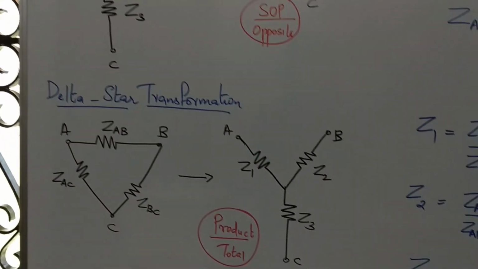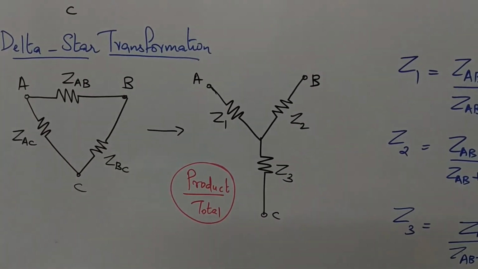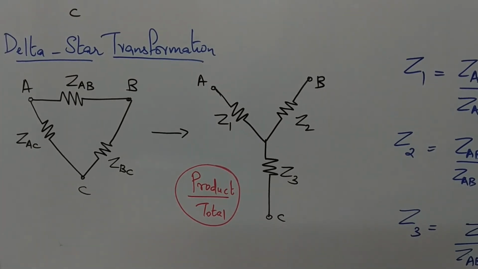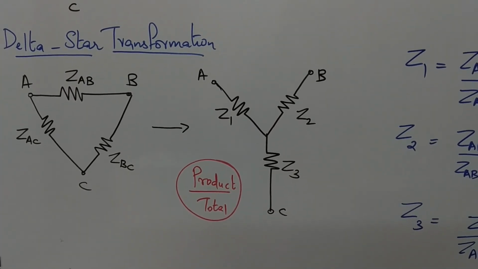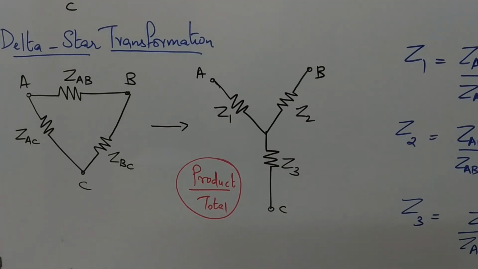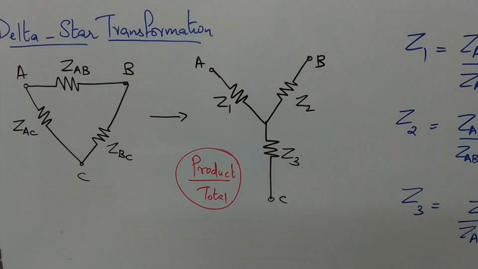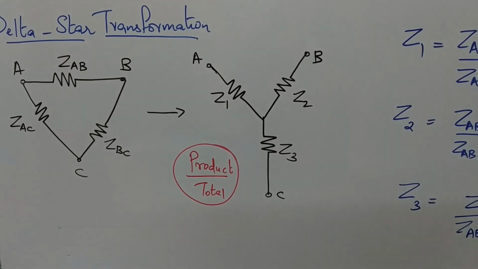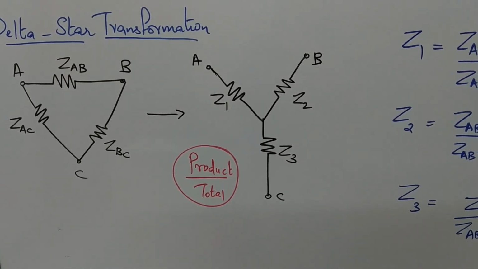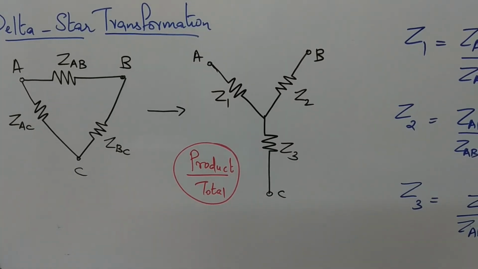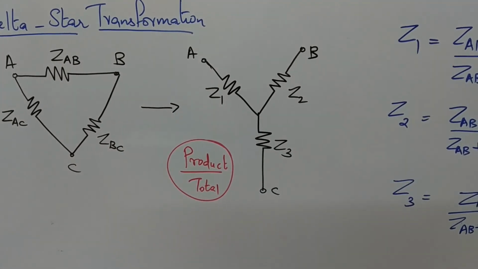Now moving on to delta to star transformation. Again, here the common formula is denominator remains the same. It is always the total, that is ZAB plus ZBC plus ZAC, and the numerator will be product. By product, what I mean is, suppose I need to find out the branch between ZAB and ZAC, which is Z1.